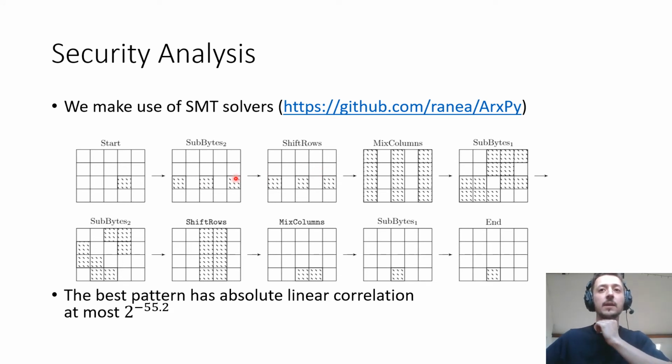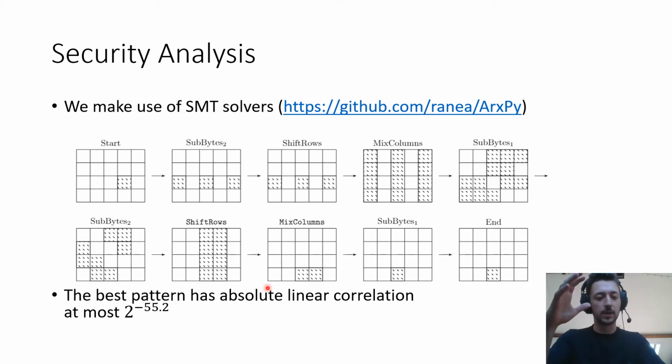Here we find the best trail between 2 probes, so between 2 active cells that you can find through the shared cipher. And you'll see that this activates at most 22 S-boxes, if I remember correctly.